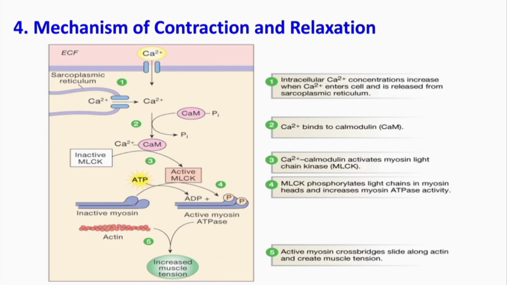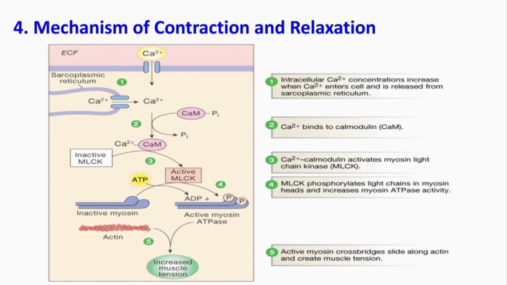Now, once the ATPase activity of the myosin head is increased, it can cleave ATP to ADP and phosphate, and now the myosin head can bind with the active sites of the actin filament, and it can cause a power stroke, pulling the actin filament in one direction on one side and in the opposite direction on the opposite side.